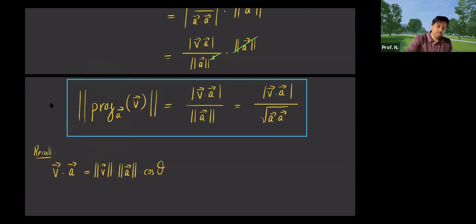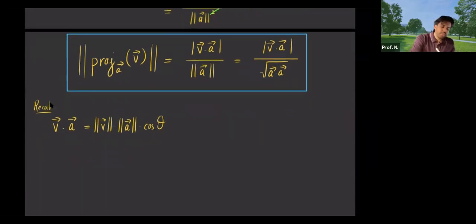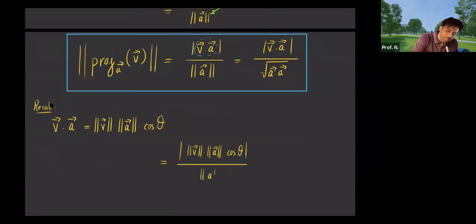So actually, there's one more way of writing the norm of the projection of V along A. I can replace this inner dot product with the absolute value of the norm of V times the norm of A times cosine of the angle, divided by the norm of A.